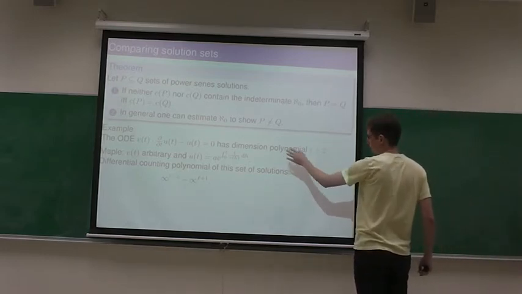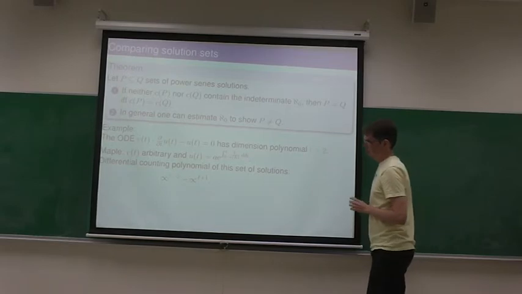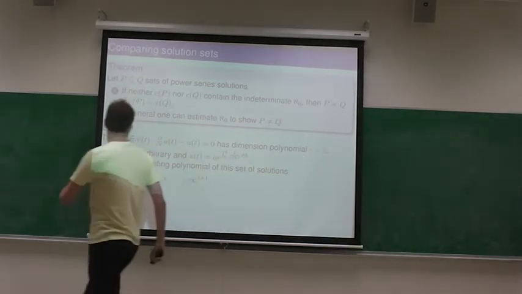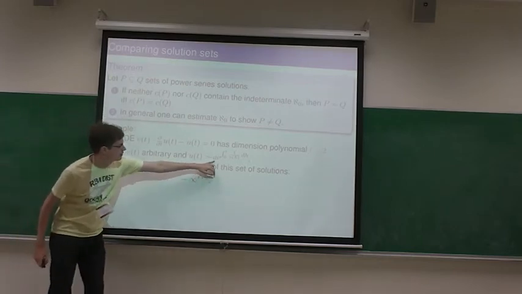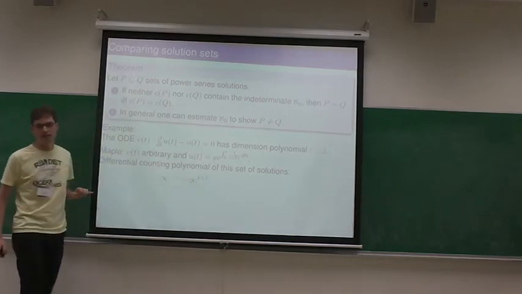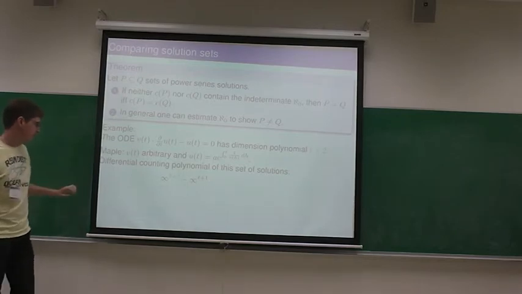So v is completely arbitrary, and there should be one coefficient for u. What does Maple return? Maple returns that v is arbitrary, and for u we get a new constant a. So this is basically what you would expect by looking at the dimension polynomial. L plus 2 free coefficients.